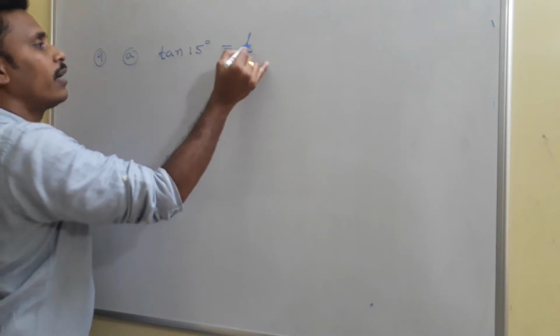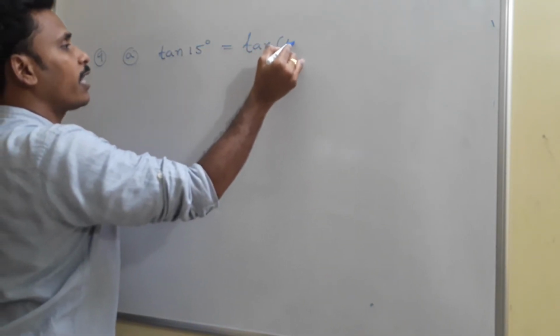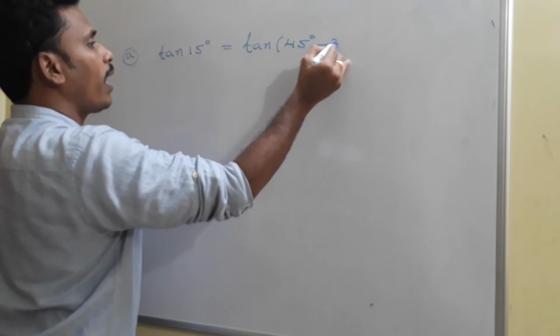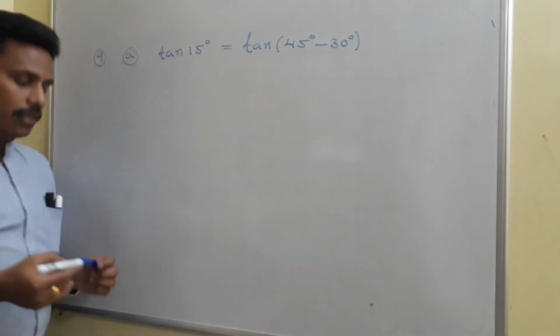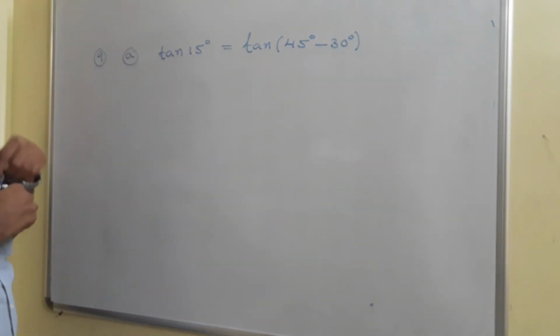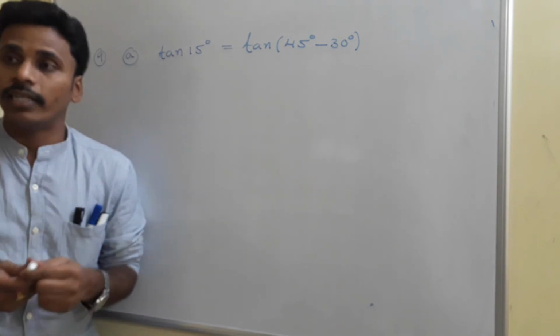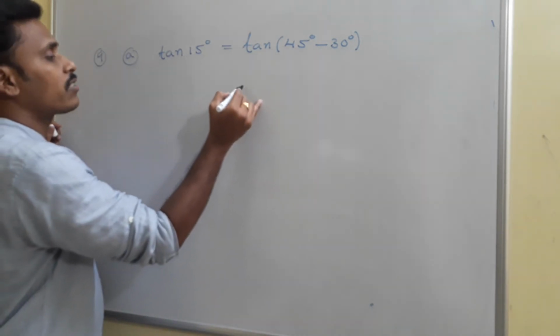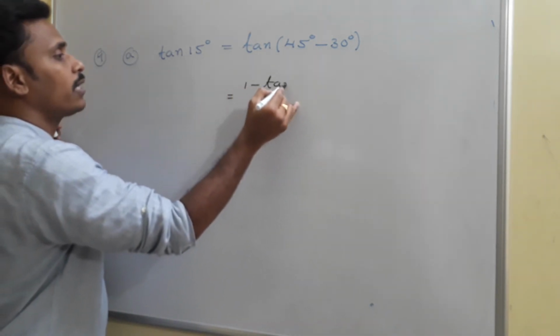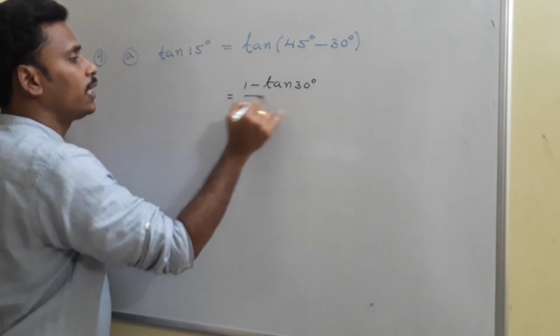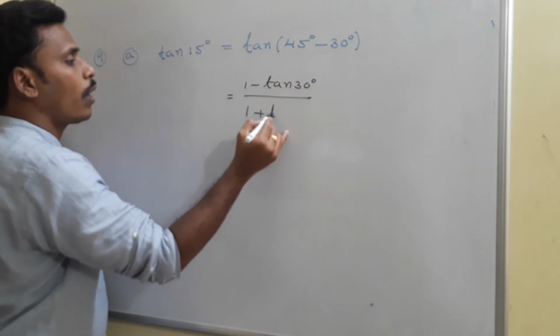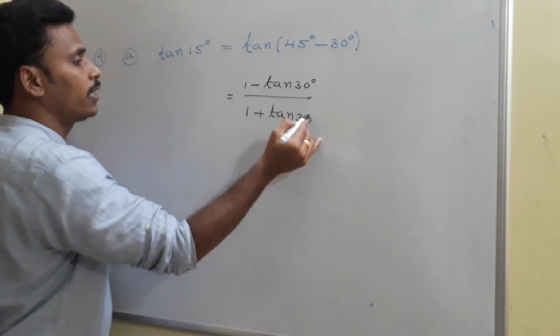You know that tan of 15 degrees can be written as tan of 45 degrees minus 30 degrees. Tan of 45 minus theta is 1 minus tan theta divided by 1 plus tan theta. So 1 minus tan 30 degrees divided by 1 plus tan 30 degrees, right?